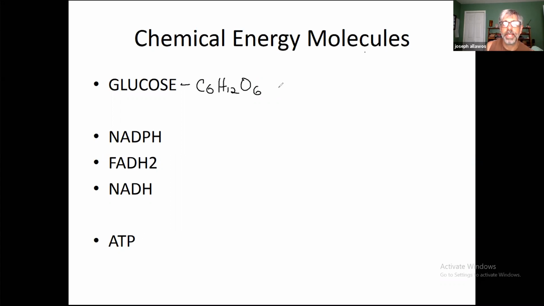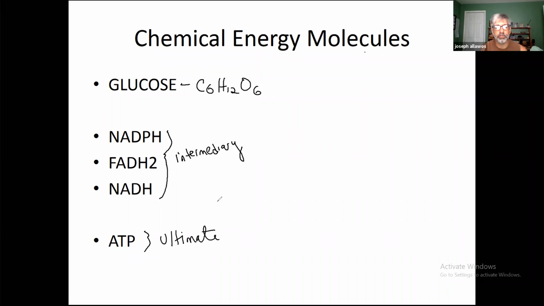It turns out that glucose has too much energy really for a cell to use on a cellular level to do the work that the cell needs to do. And so what these other molecules are really, these here are intermediary molecules. And ATP is sort of the ultimate molecule in terms of fueling the metabolism of a cell.